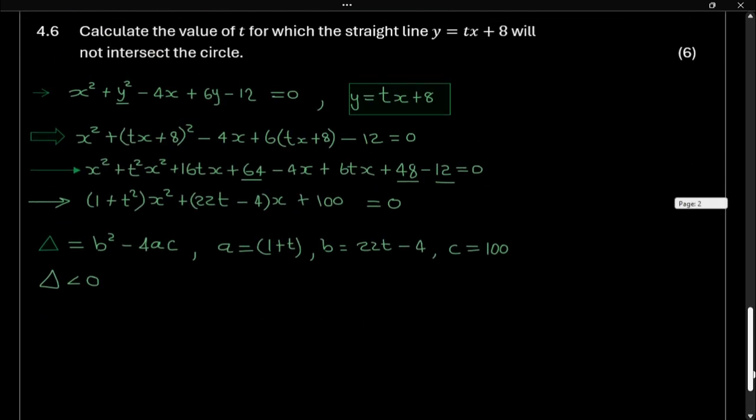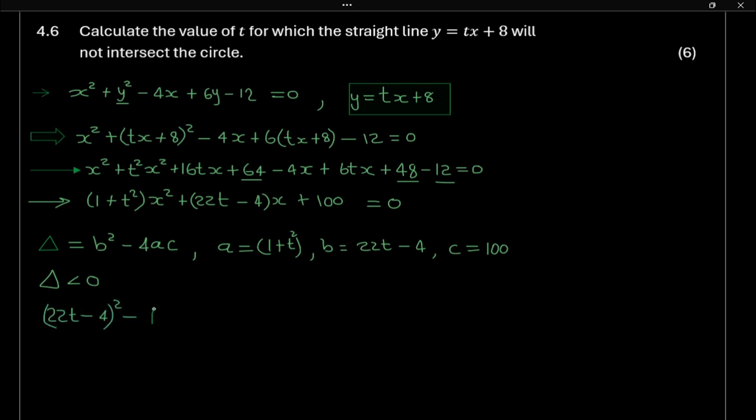Remember that our a is 1 plus t squared, so we substitute: (22t minus 4) squared minus 4, times (1 plus t squared), times 100, and all of that should be less than 0.